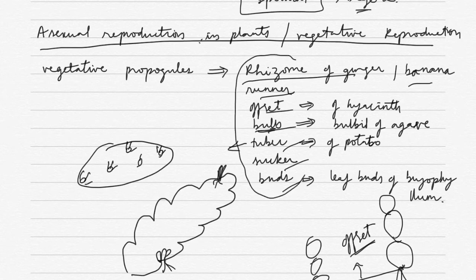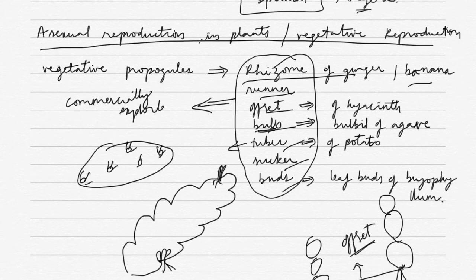These are vegetative propagules, and these are the plants where these respective vegetative propagules are seen. These vegetative propagules are commercially exploited. By whom? They are commercially exploited by the plant growers or the gardeners.